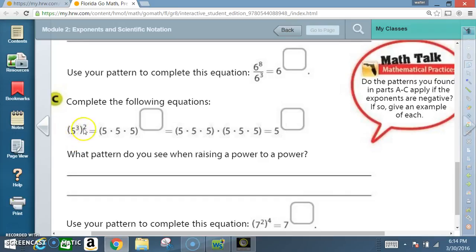Okay, now we're going to teach you how to analyze a power raised to a power. So here we have 5 to the 3rd raised to the 2nd. Well, what does 5 to the 3rd mean? That means 5 times 5 times 5. But we're going to raise that to the 2nd power.